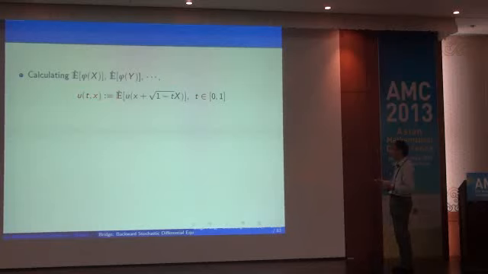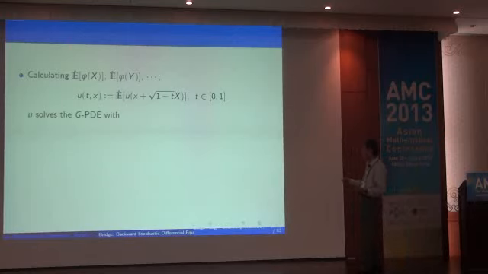If this is a classical normal distribution, then we know that this u(t,x) is a solution of a heat equation, because the kernel of the heat equation is normally distributed. It's well known.